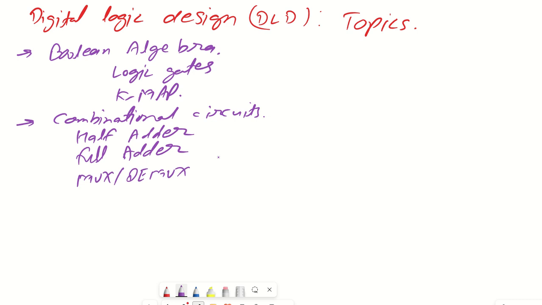Then we will also be seeing encoders, decoders. There are a lot of questions asked in this particular section, combinational logic. And at last we will try to understand sequential circuit as well.